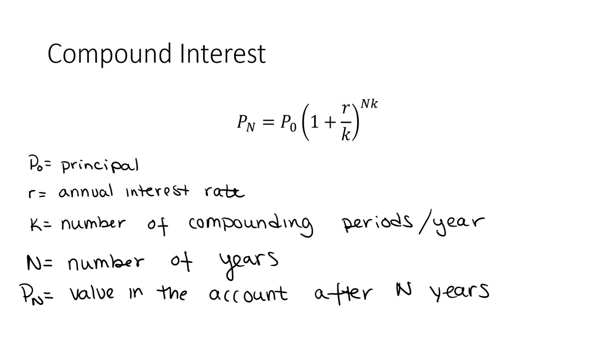Now, there is another type of interest. Simple interest just assumes that the amount of interest you earn is the same every single month or year or whatever time period we're talking about. Simple interest is an example of linear growth, where the amount of interest goes up by the same amount every year.